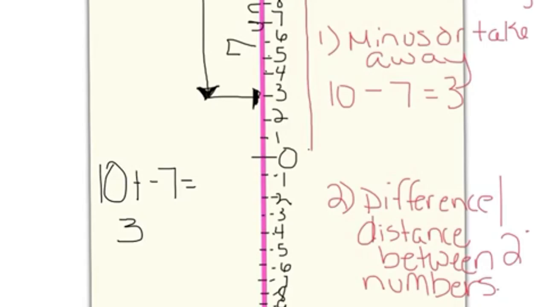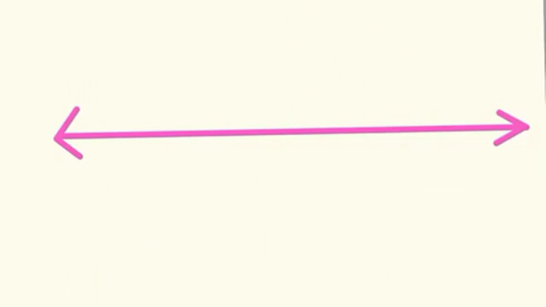You're going to take away the 7 units, and you end up at 3. All right, let's go ahead and go to our next example.